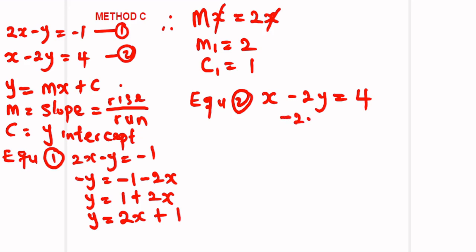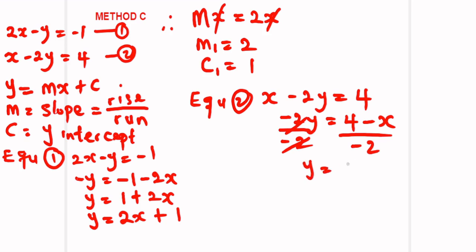So minus 2y is equal to 4 minus x. So divide both sides by minus 2. Cancel, cancel. Y is equal to 4 over minus 2 minus x over minus 2. I would love us to split this because we are working with m separate and c separate.